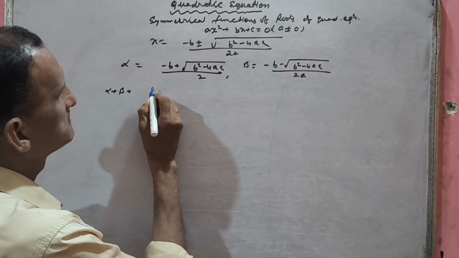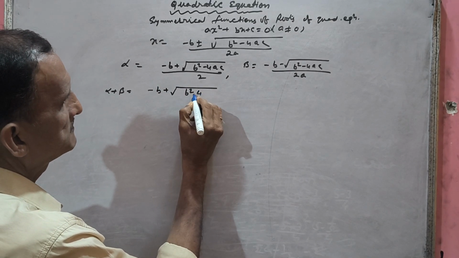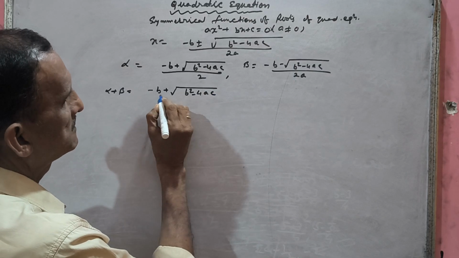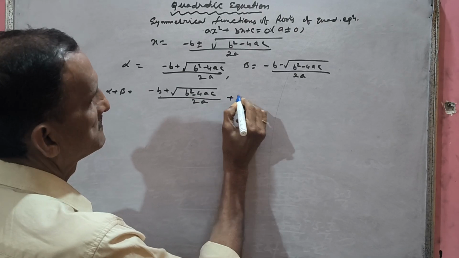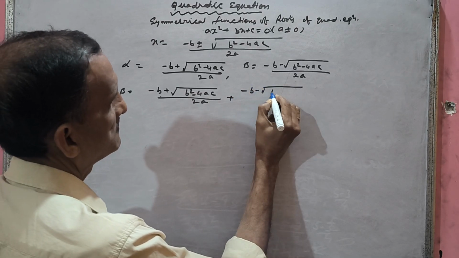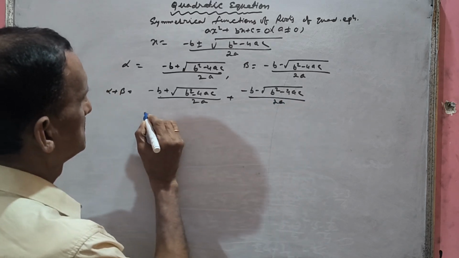This plus this: minus b plus under root b square minus 4ac by twice a, plus minus b minus under root b square minus 4ac by twice a.